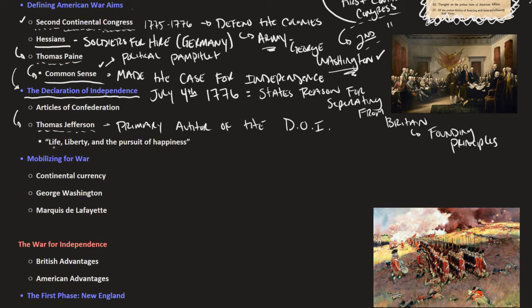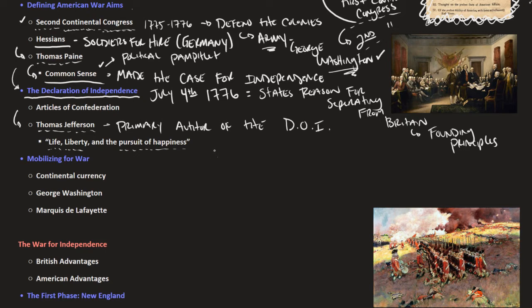Of course, the most famous line being maybe the fact that Thomas Jefferson said that all men were created equal with inalienable rights, that is, rights that are given at birth and cannot be taken away, and those rights are life, liberty, and the pursuit of happiness. Jefferson also talks about when governments don't protect those rights and are abusive towards them, then people have the right to alter or abolish their government.